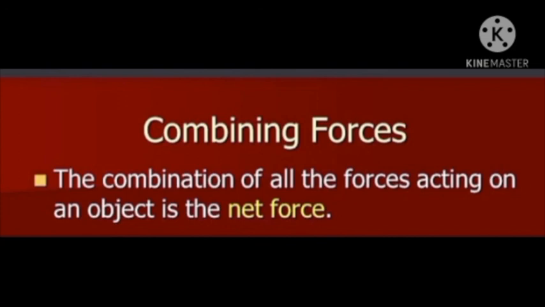To obtain more information about these, type the words trick science in your Google search on the internet. You can do this as your homework too. So you will know more about these forces. So basically the combination of all the forces acting on an object is your combined force. Okay, it is also known as net force. Understood, students?